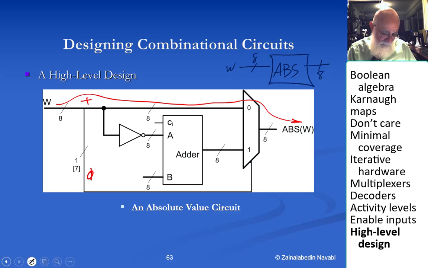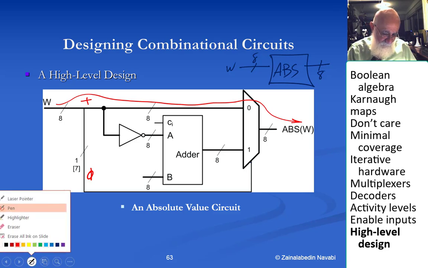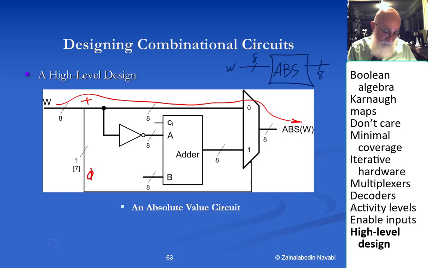On the other hand, if your sign bit is a 1, it is a negative number, then you complement all the other bits and add a 1 to it, carrying a 1.